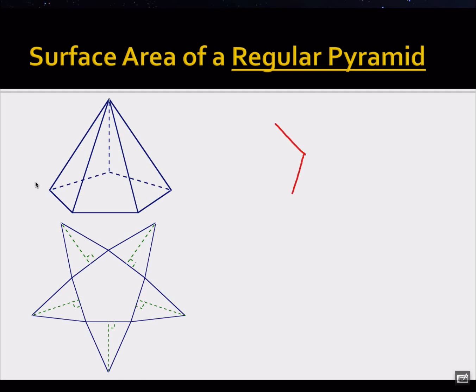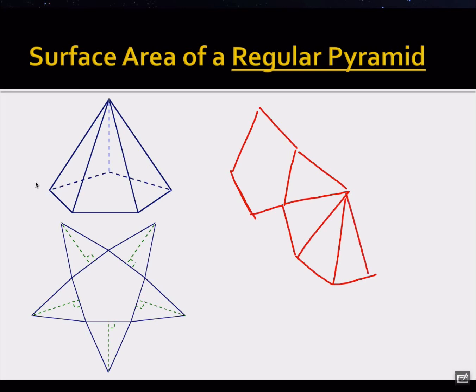Somebody took the pentagon, put one triangle on it, and then brought all the triangles off of it. 1, 2, 3, 4, 5. That would also work. Stand that one up and then fold all the other ones around.